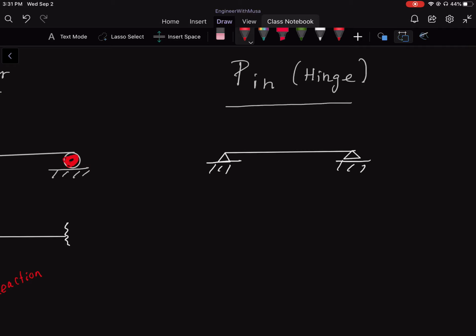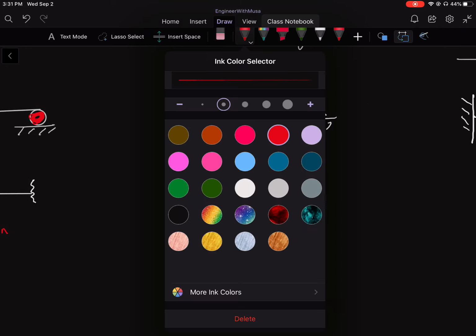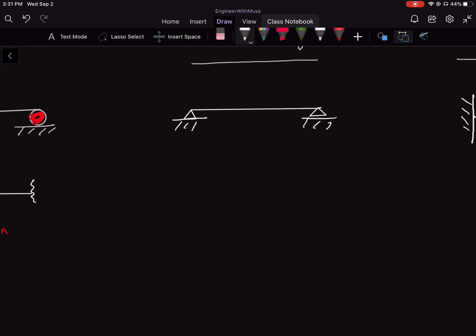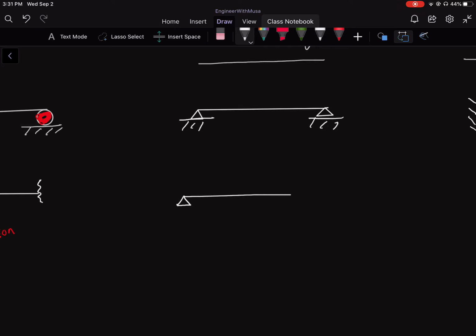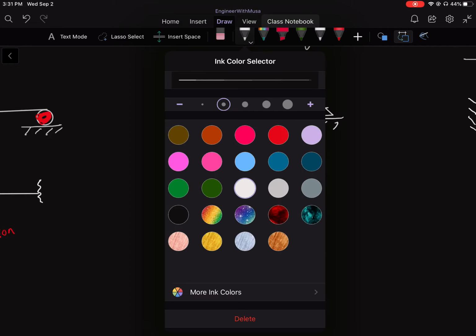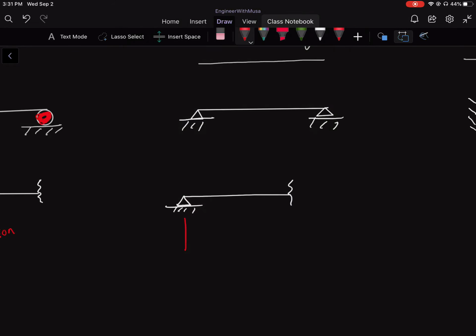Now, for the pin, we have something similar. If we're going to draw the pin, again, pay attention to half of it. Then we have the ground and the pin. It's actually going to be supported in two directions, so it's a two-dimensional support system. We have a reaction coming off the ground, and we have a reaction in the horizontal direction, which is restricting any translational movement.